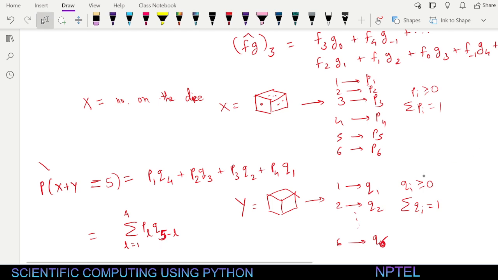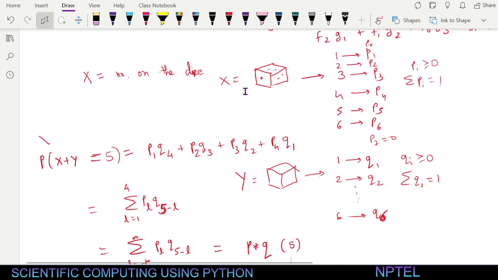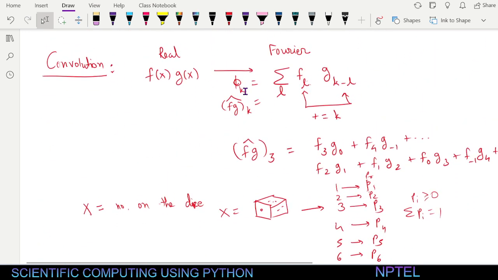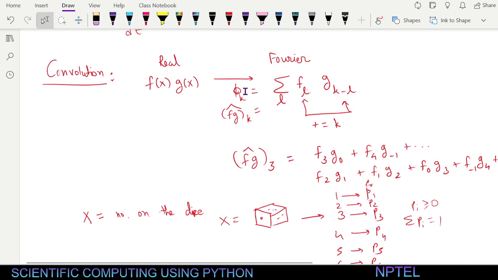And if you define all the others to be 0, p7, p0, etc., then you can just write this as the sum over l from minus infinity to infinity of p_l q_(5 minus l), which is the convolution p star q at 5. Okay, so this is one way in which you can think about convolution. It's the probability distribution for the sum of the variables.